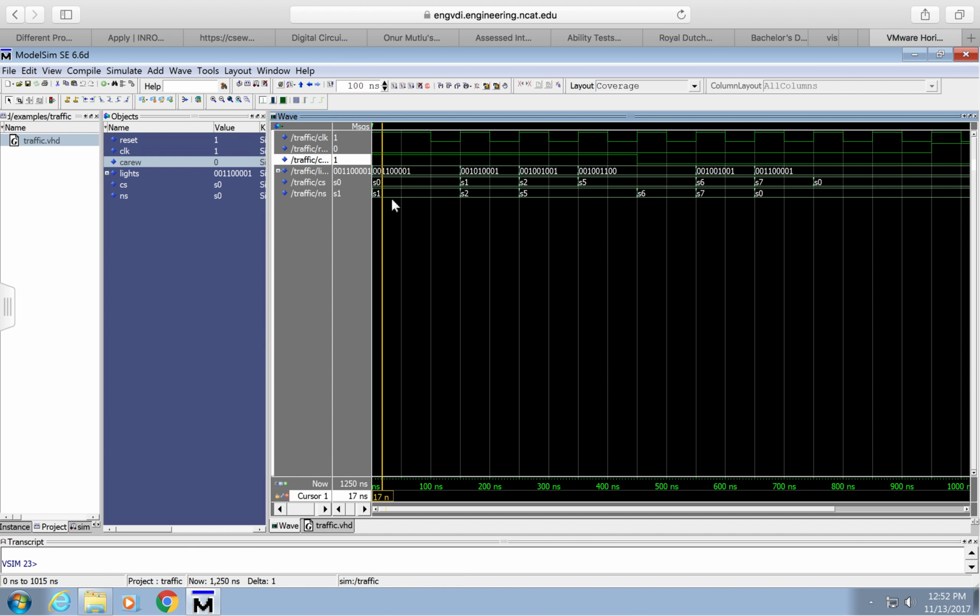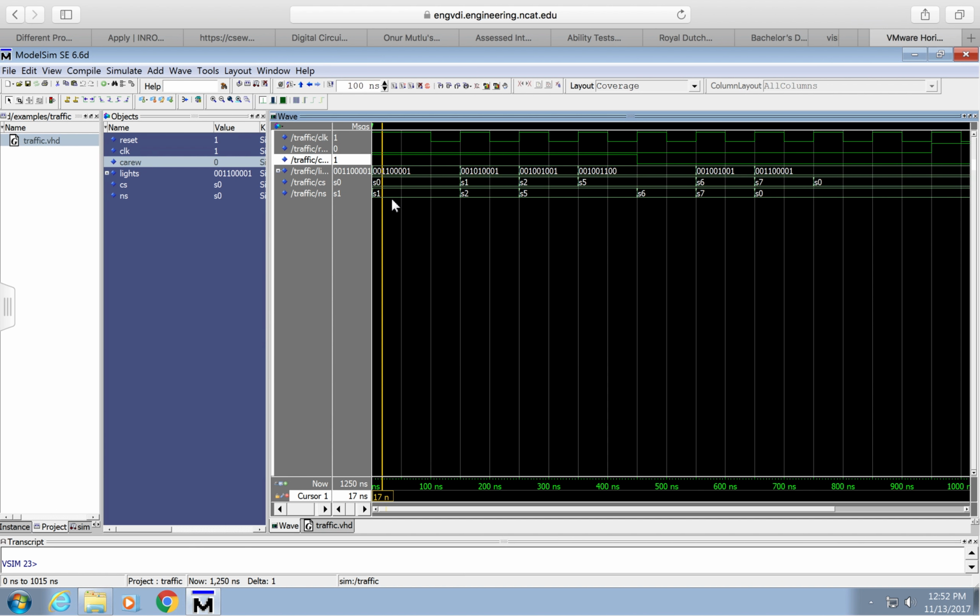And then the outputs are shown over here when I'm at state 1, and I also detect a car. It should go to state 2, and the output is also shown over here as well, where it's 001, 010, 001. And what that means is that it's red on the north and south, yellow on the east and west, and red also for my turning lane. When I'm at state 2, it should go to state 5 because I say if I detect a car at state 2, then my turning lane should turn on.